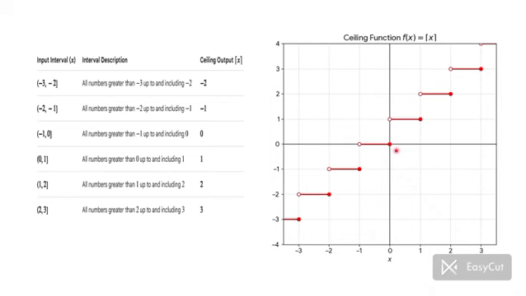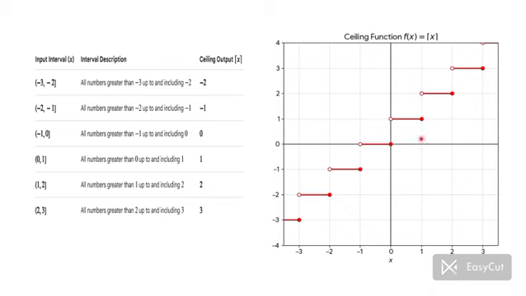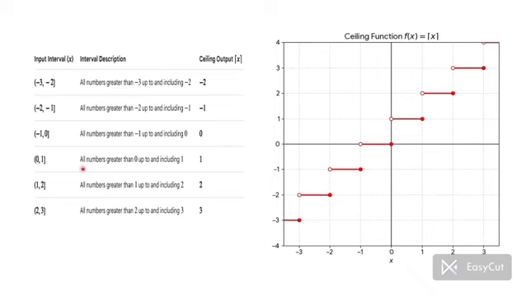At the point 0.1, this function has the value 1. At the point 0.2, this function has the value 1. Till at the point 1, it has the value 1.